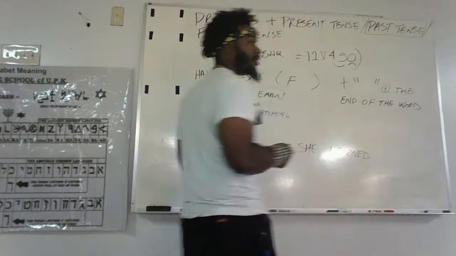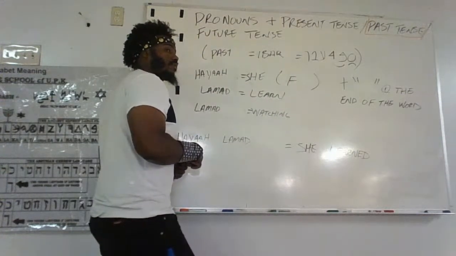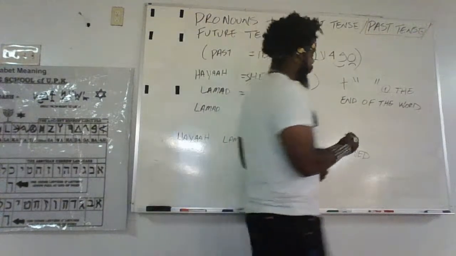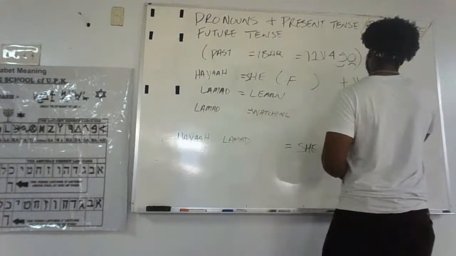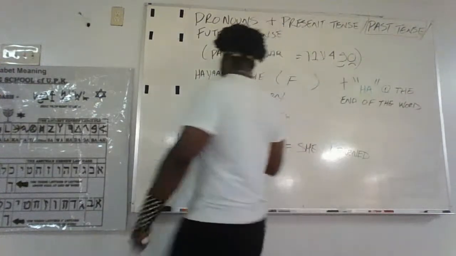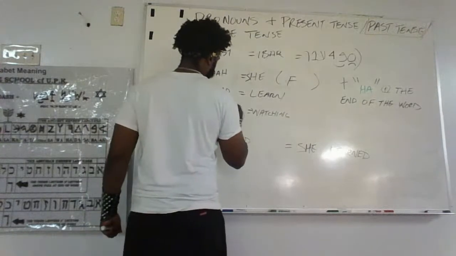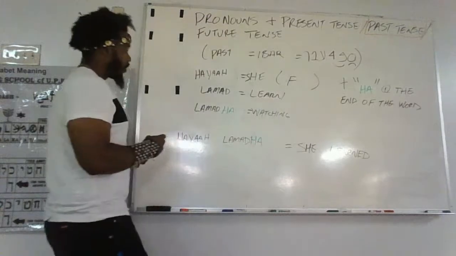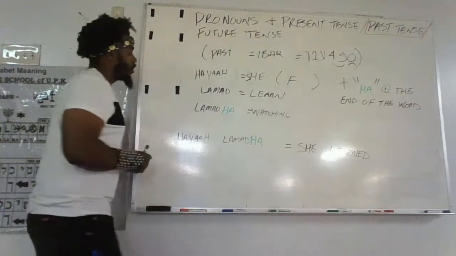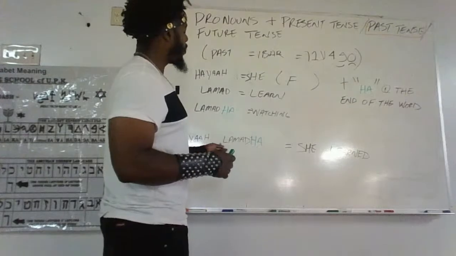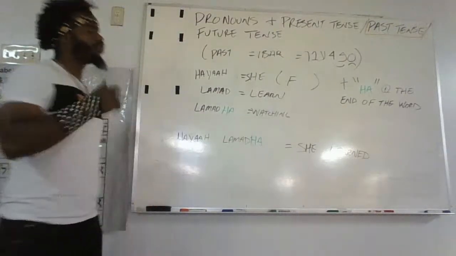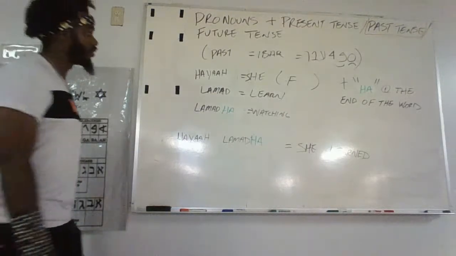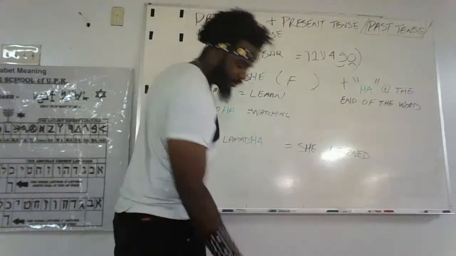In past tense. Ha. All right. So it's going to be Haya lamad ha, which means she learned. Okay? Got it? All right, good, good, good.